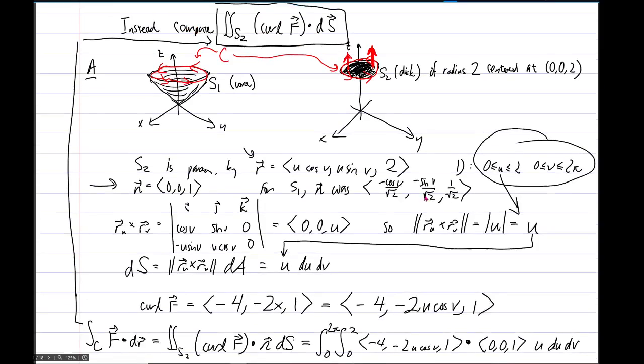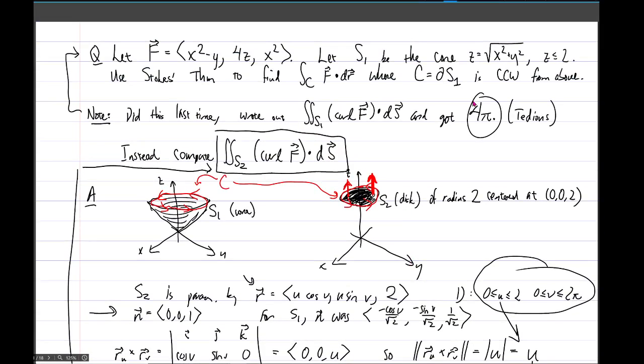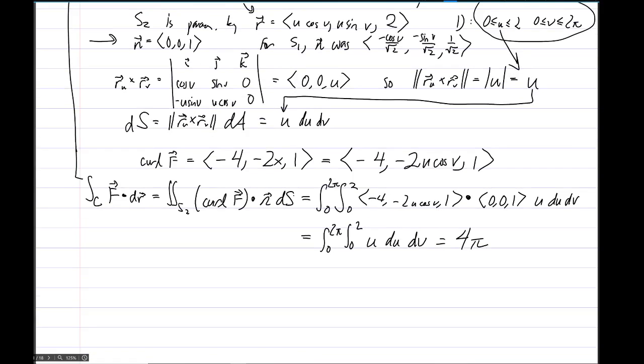That's good because last time we had worked out that the integral over this other surface was going to give us 4 pi anyway. Again, just a reminder of what we did last time, and you should go back and look. Last time we did the double integral over the surface S1 of curl of F dot dS, or more practically, n vector dS.